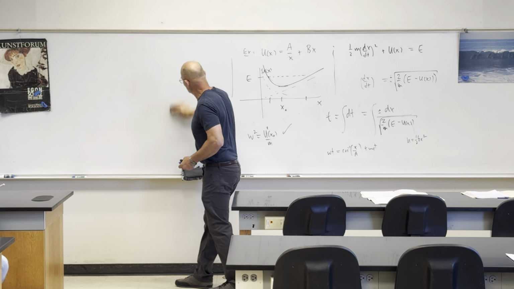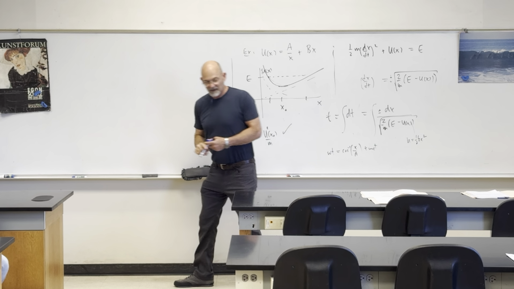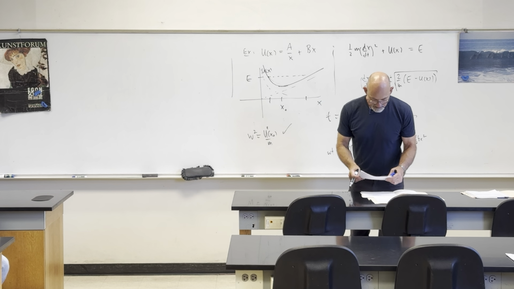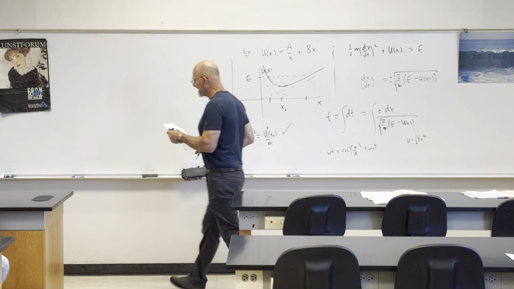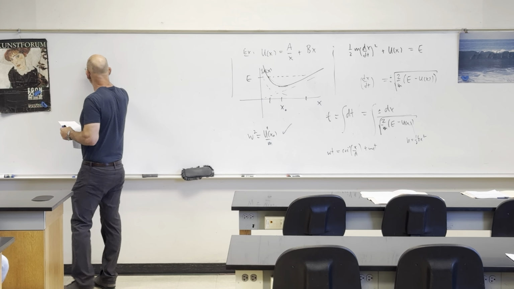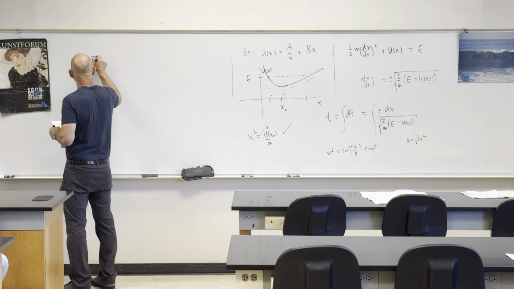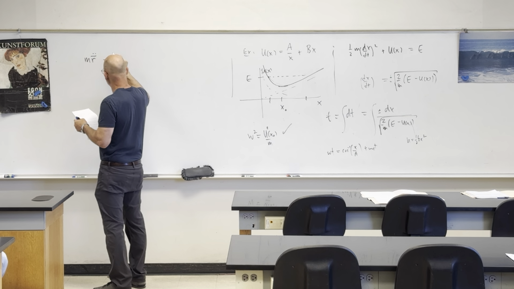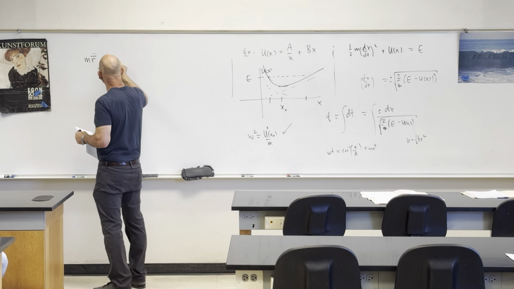Then I'm going to go ahead and put this charged particle in a magnetic field up here on the board. Done a couple things with this one. Actually, let me go ahead and write the whole thing.